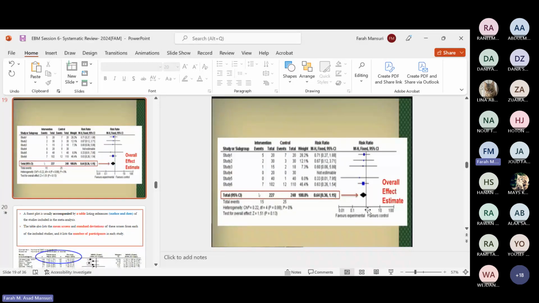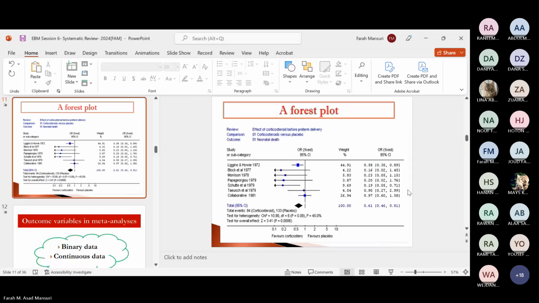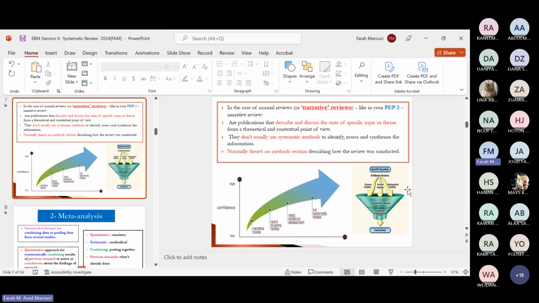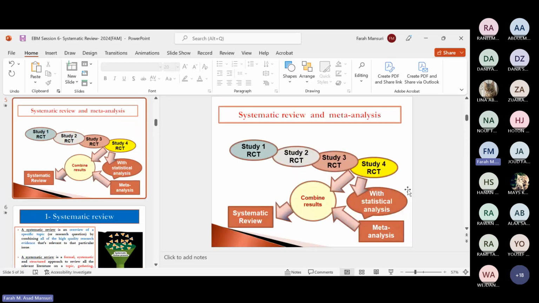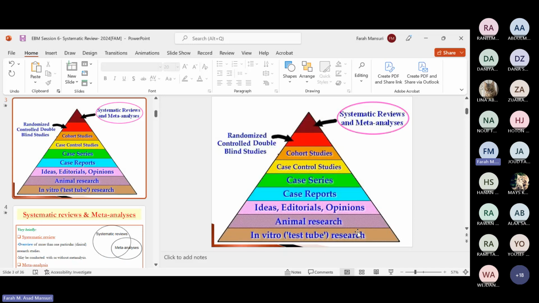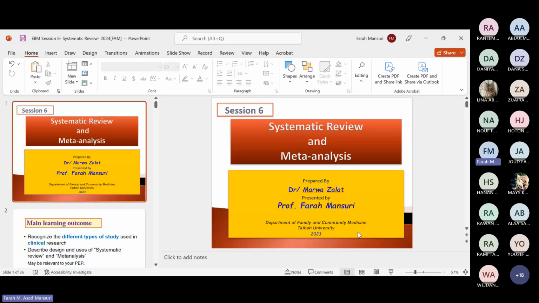And similarly, what is meant by overall effect estimate, and what are the different steps of the systematic review and meta-analyses. This is all important, and the level of evidence. So from the examination point of view, these are important.